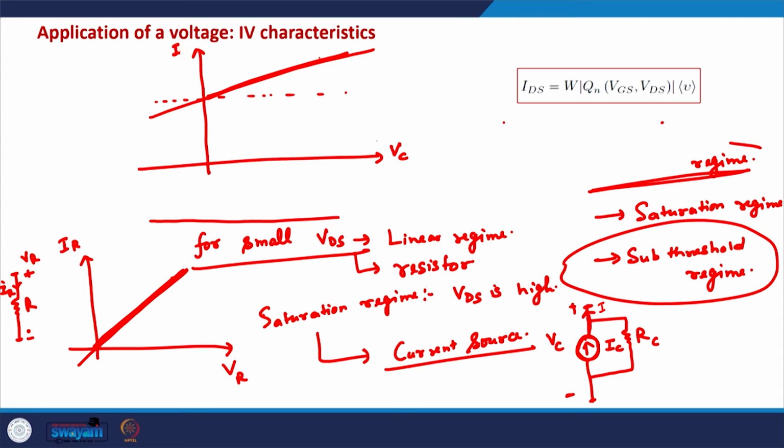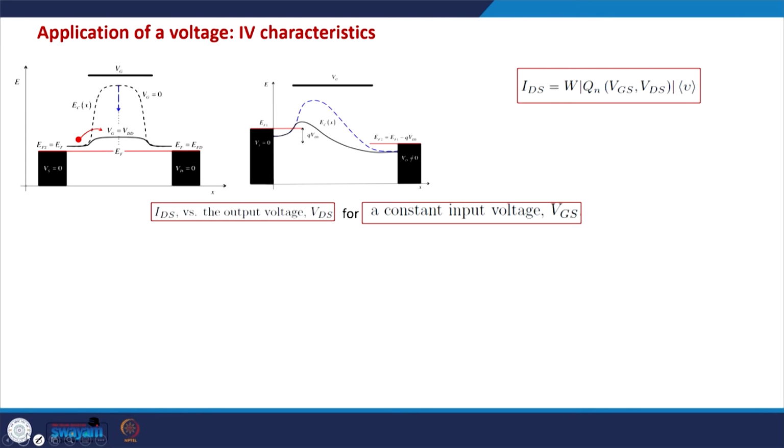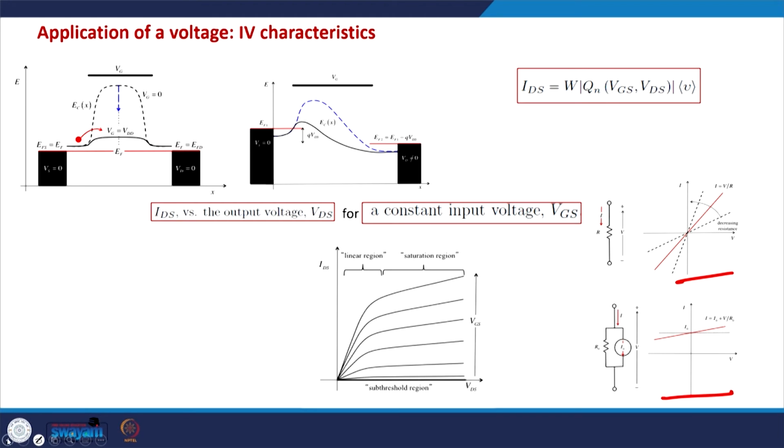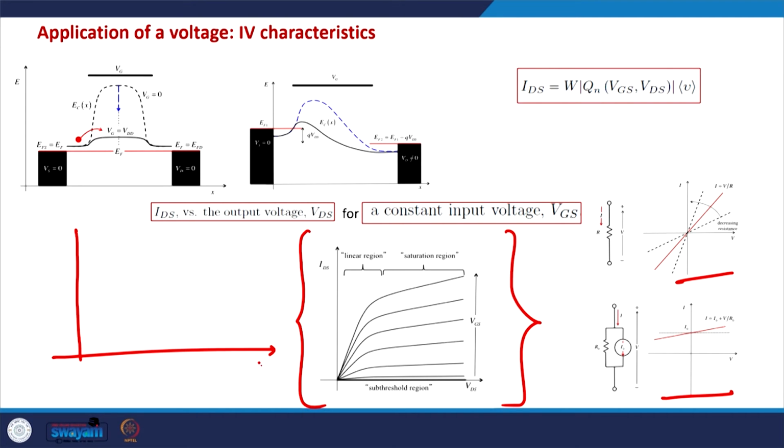So if we put everything together, this is the resistor characteristics, this is the current source characteristics, and this is how the IDS versus VDS, the IV characteristics of the MOSFET, will look. If we have IDS on the y axis and VDS on the x axis, it will be a typical IDS-VDS characteristics for a certain VG.